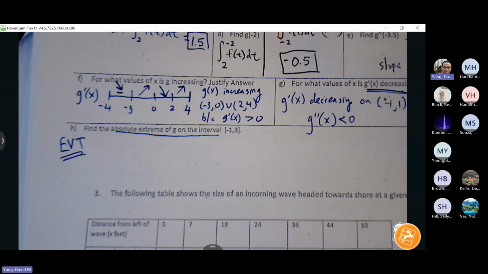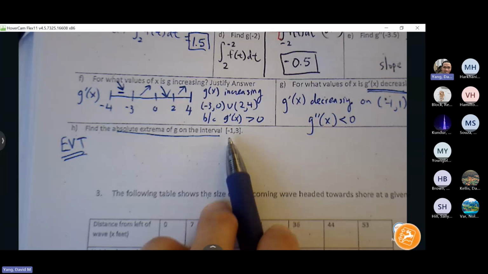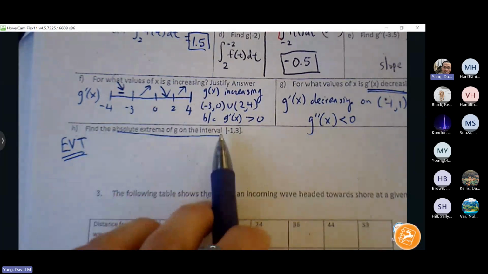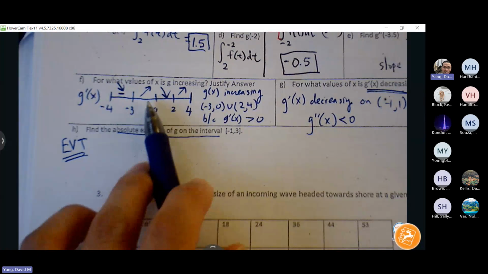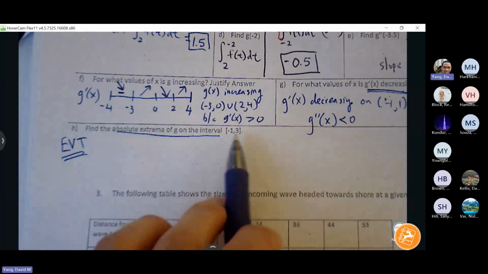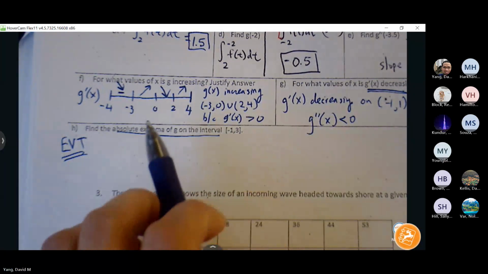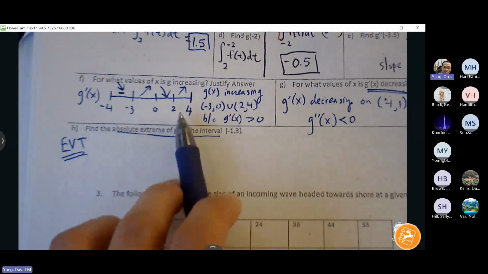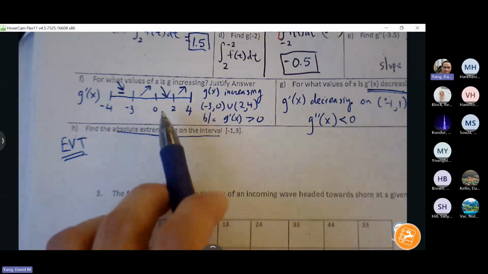Okay, so I'll start at the, oh, sorry, my bad. It's only between -1 and 3. Sorry. So -1 is our endpoint. It's not showing up on the table, but it's an endpoint for us. So we'll test -1 and 3, and where else? 0 and 2. Okay, so we have a few less points.